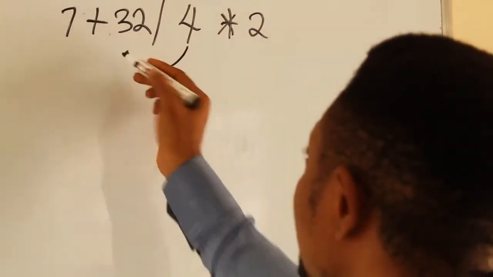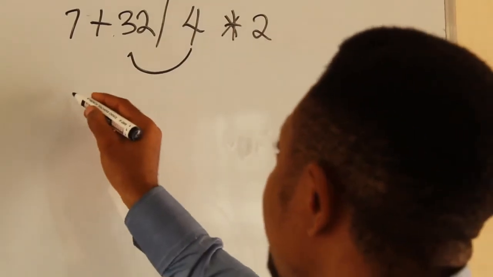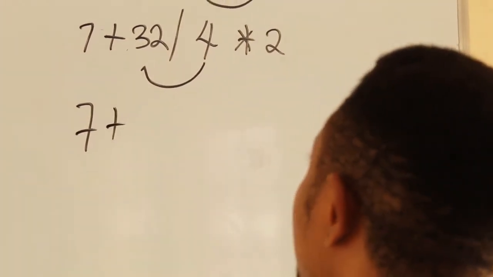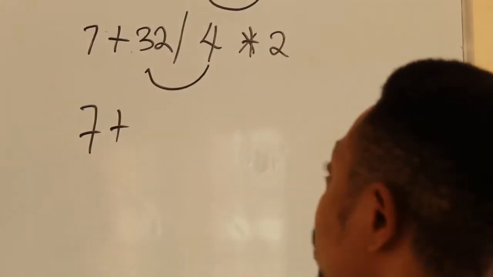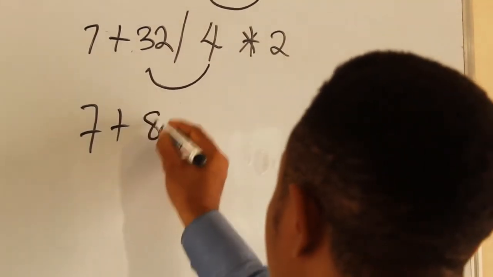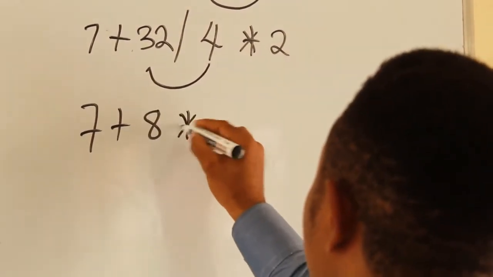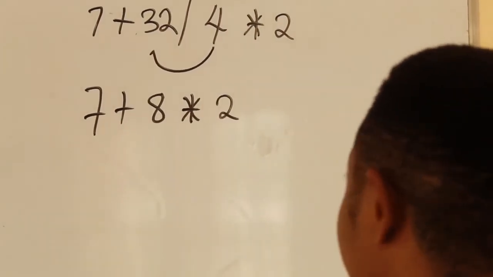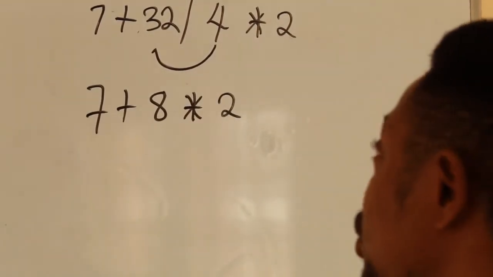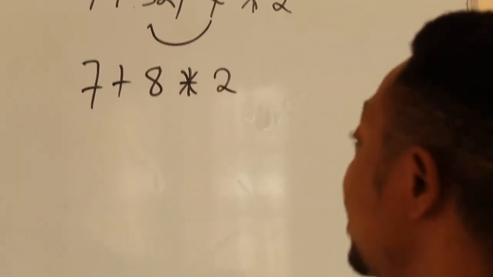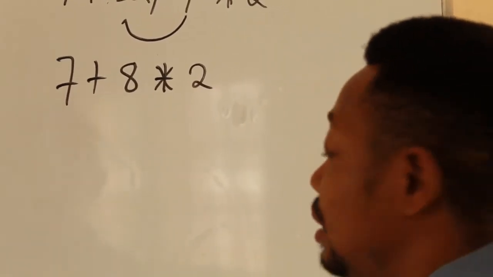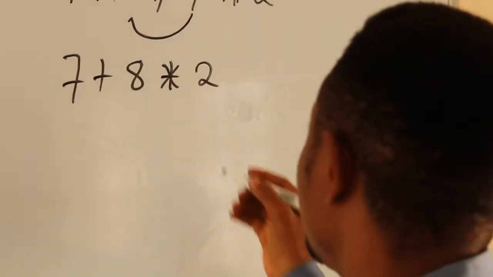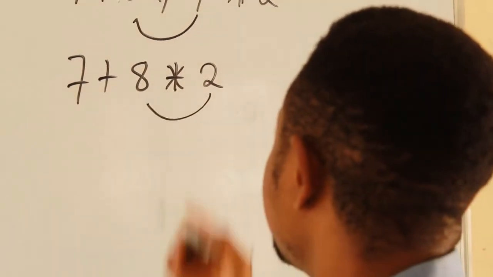So we will take division, and 32 divided by 4 is 8. So this is 8 multiplied by 2. So 7 plus 8 multiplied by 2. We've attended to the first hierarchy there, which is division.